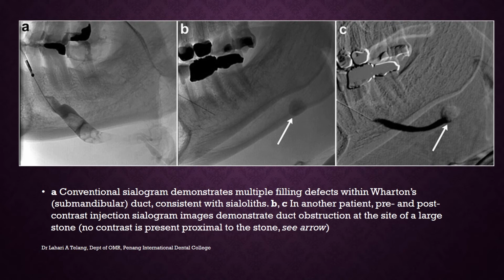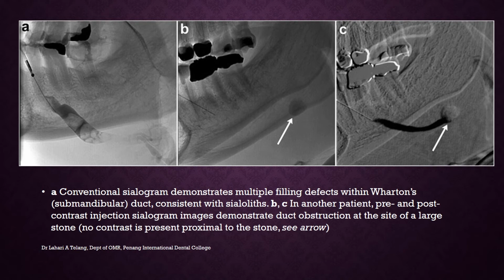A conventional sialogram demonstrates multiple filling defects within the Wharton's duct in this particular image here. This is consistent with the presence of sialoliths, because the sialolith obstructs the duct and the dye cannot completely flow into the gland smoothly.